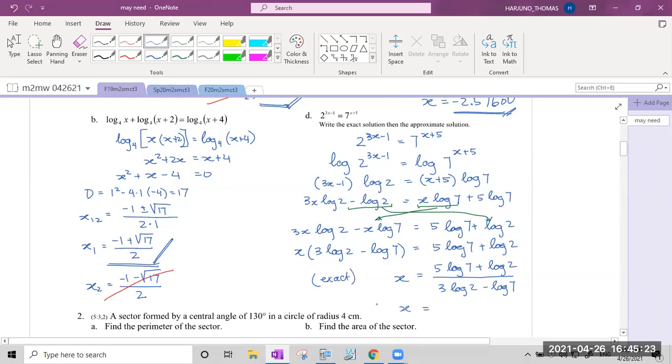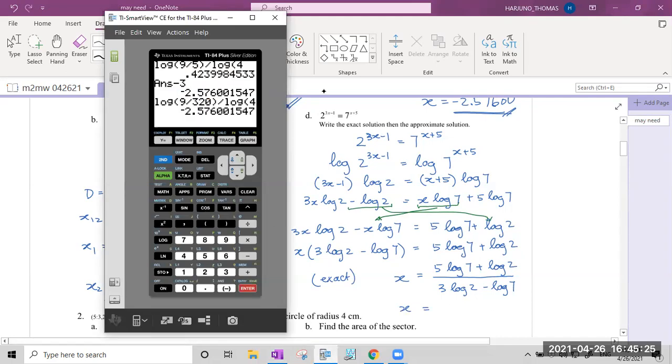Now next, we compute using our calculator. Is the view correct? Okay, that's the correct view. Now parentheses 5 log 7. I will close this first parenthesis for that 7. Okay, plus log 2 and close parenthesis for the 2. Now close parenthesis for the numerator.